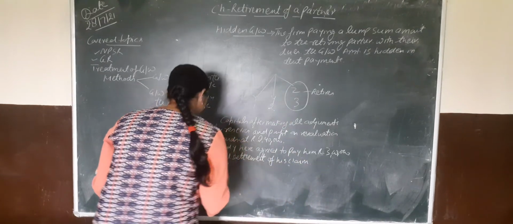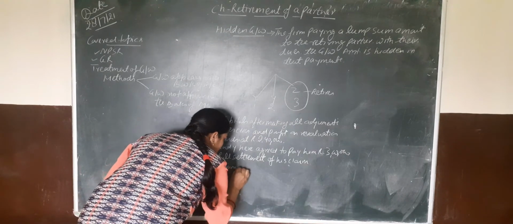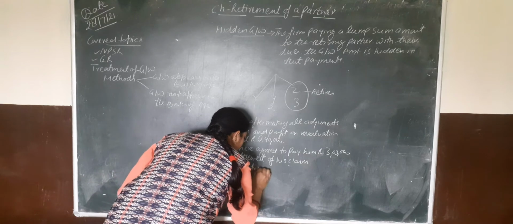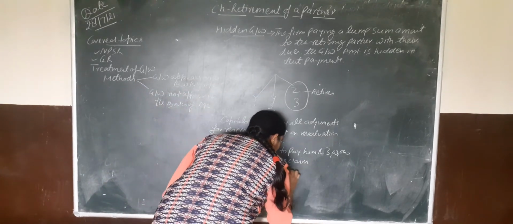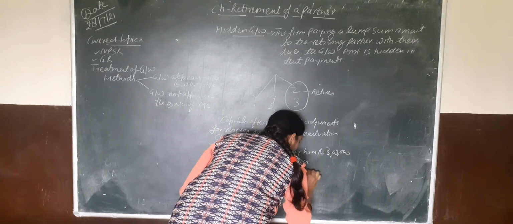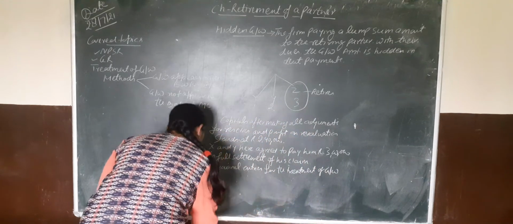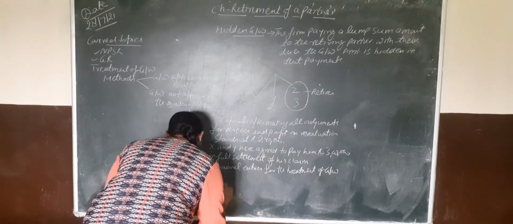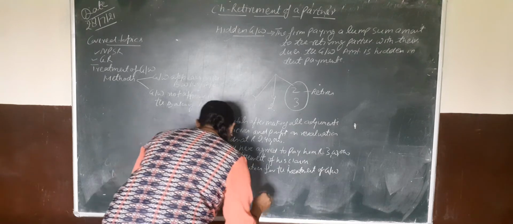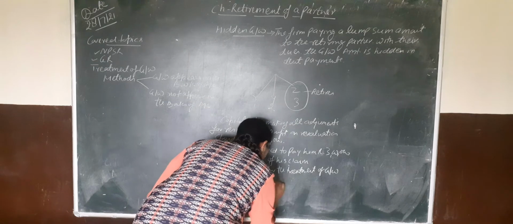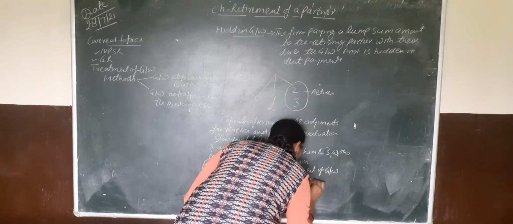Record the necessary journal entry for the treatment of goodwill, if the NPSR is decided as 1:3.